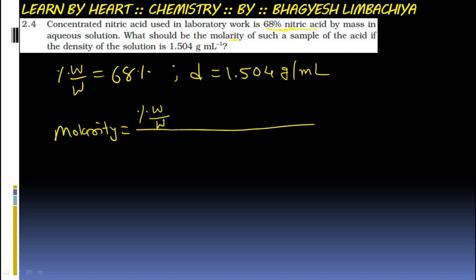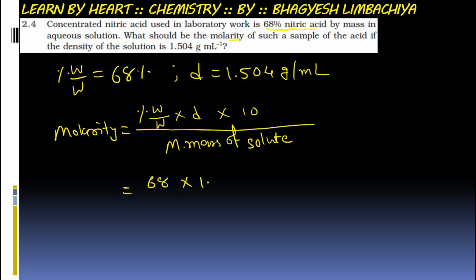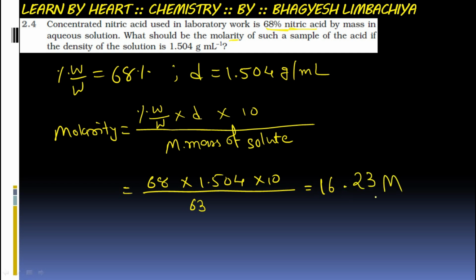The formula is percentage W by W into density into 10, divided by the molecular mass of solute. Here it is 68, density is 1.504, divided by the molecular mass of solute, that is 63 for HNO3. By calculation we get the answer 16.23 molar. Okay, so it is over.